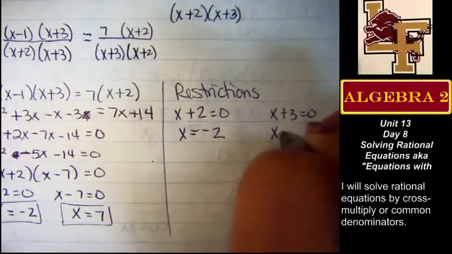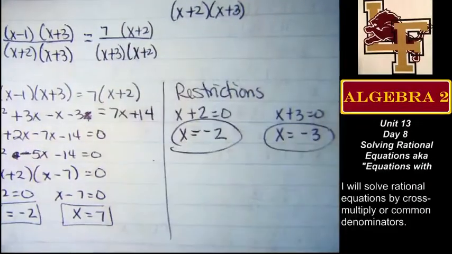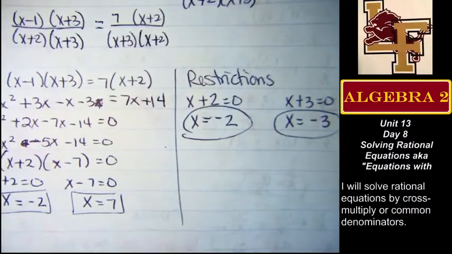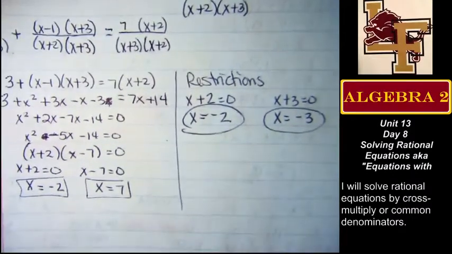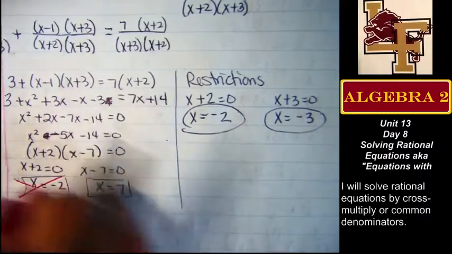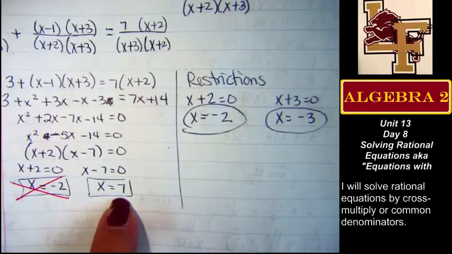So x is not allowed to be negative 2. X is not allowed to be negative 3. Looking at my solutions, do I have one matching one of my restrictions? Yes. Throw that one out. The answer is 7.